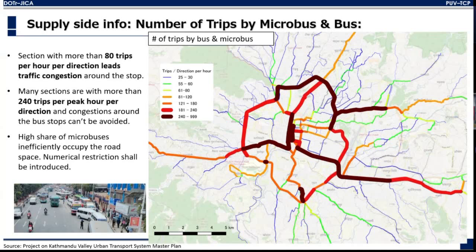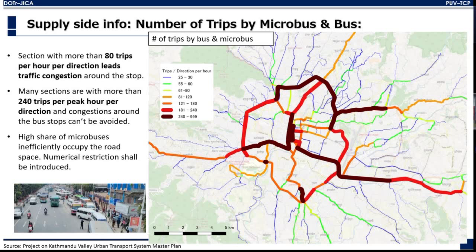And in Kathmandu's case, many sections have more than 240 trips per peak hour per direction, and very serious congestion is caused by the minibuses. You can see the vehicles in Kathmandu city are similar to smaller jeepneys or some UV Express.